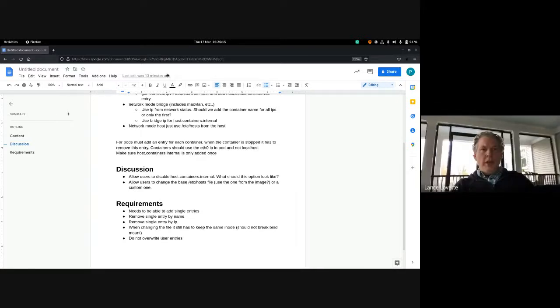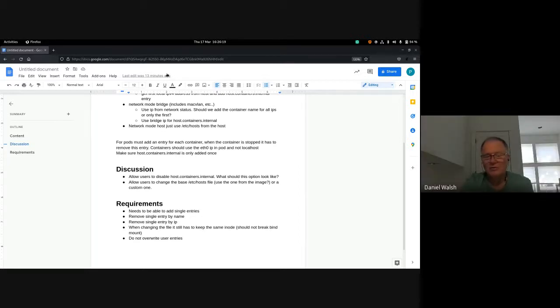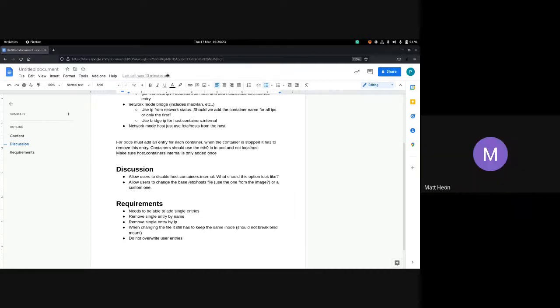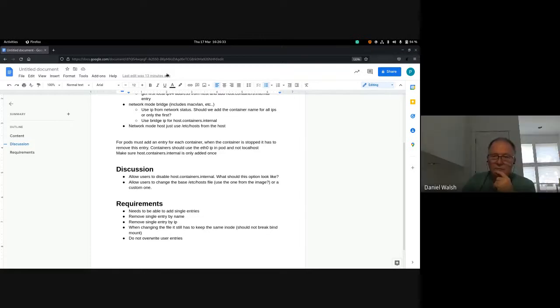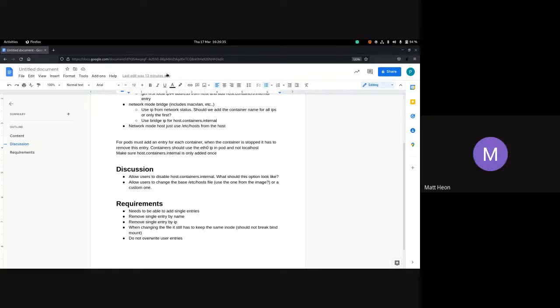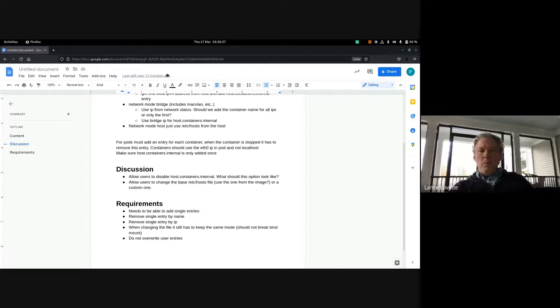So add host should only affect essentially the pod. Add host should be just affecting the Etsy host file inside of the container. But it is shared between the pod. It's also shared between containers that share a network namespace. If you do --net=container:name, it'll share there as well. Okay, right.